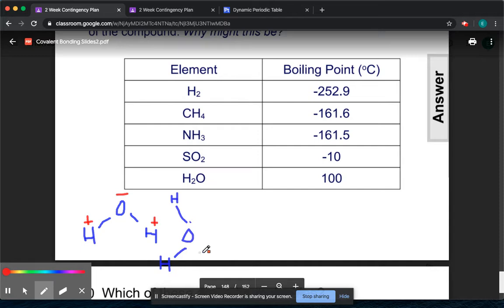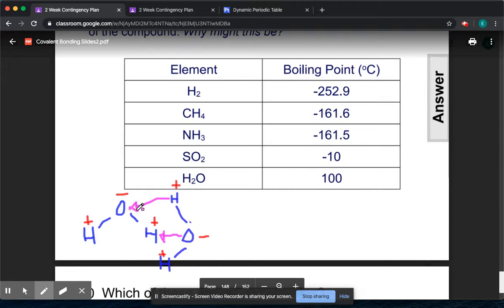And the same thing, the oxygen is negative and the hydrogens are positive. So if you had two water molecules, you're going to have the oxygen be attracted to the hydrogen because opposites attract. This is negative, this is positive. It's going to want to get pulled. And the same thing here, okay?